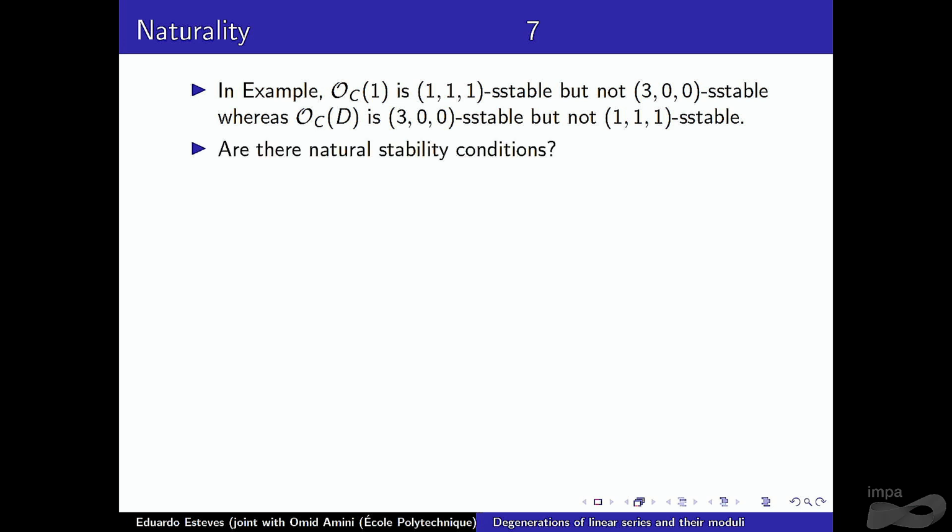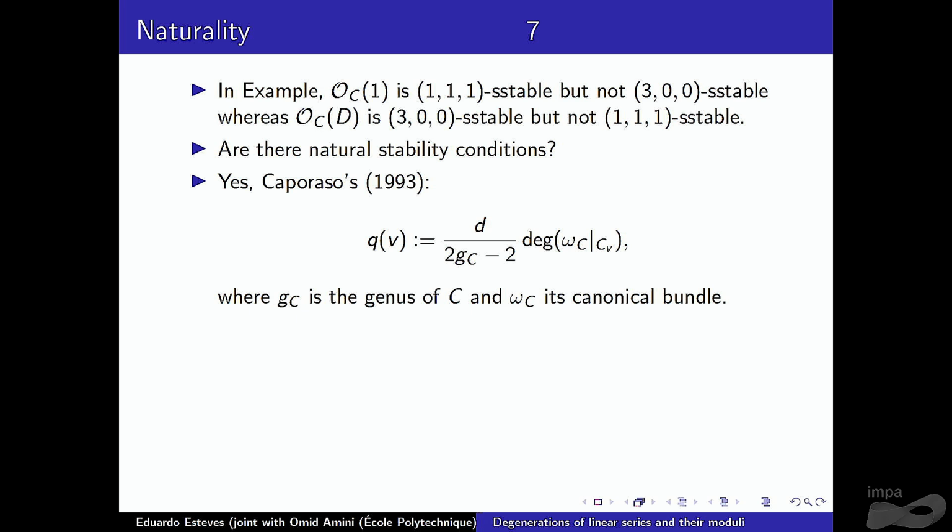Now, are there natural stability conditions? So I just came up with this Q out of nowhere. Are there canonical ones? Yes, there are. These are those that Lucia used in Caporaso. She considered this for curves of genus greater than or equal to 2, this virtual multi-degree, which is the degree of the canonical rescaled so that it has total degree D. Right?